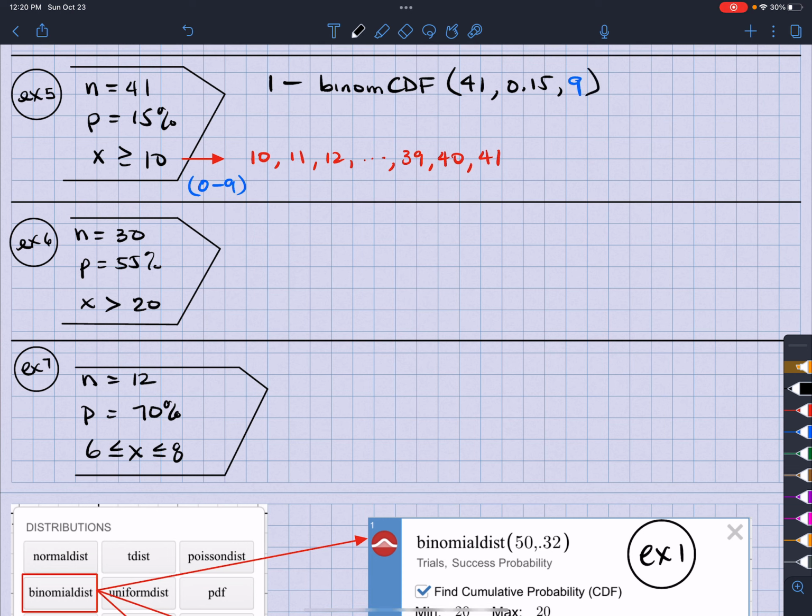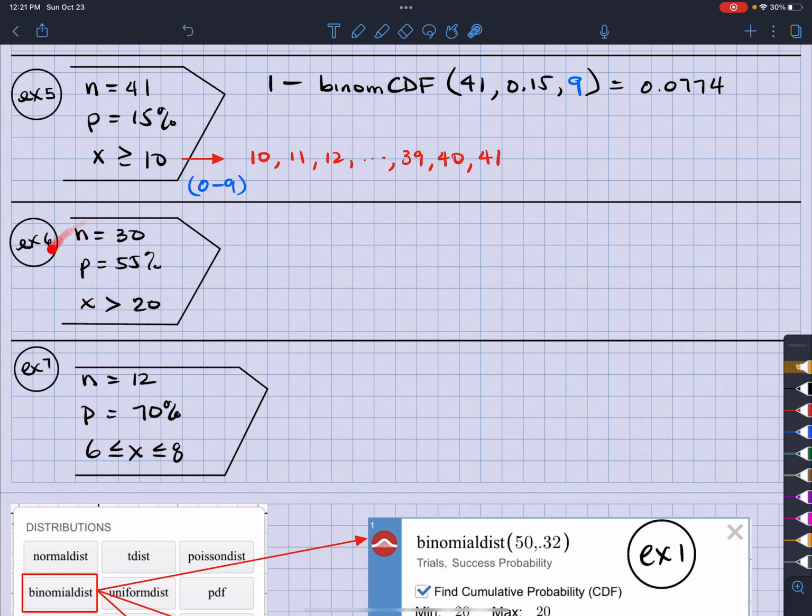Because again, the CDF is always from 0 to whatever. So if I know this percentage, 1 minus that percentage would be this percentage. All right. So in that case, this is going to come out to be 0.0774. Okie doke.